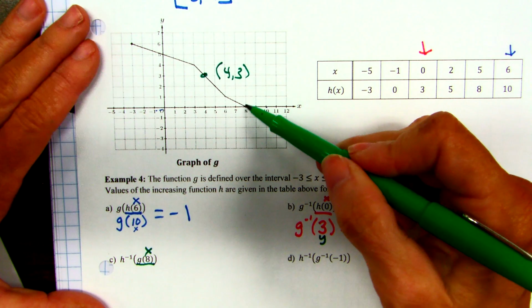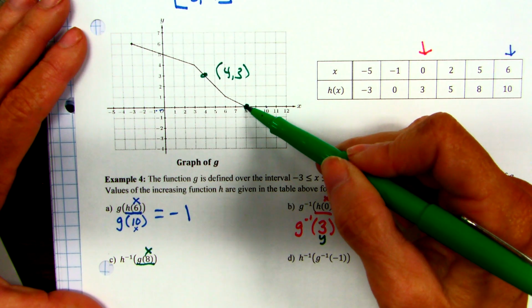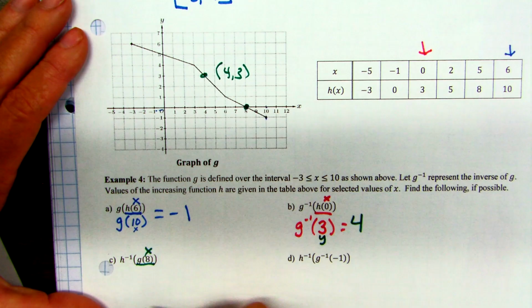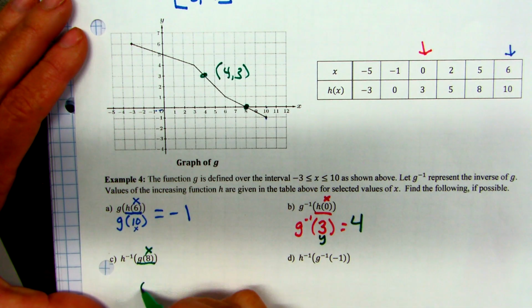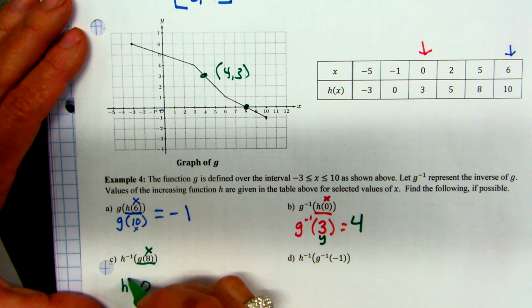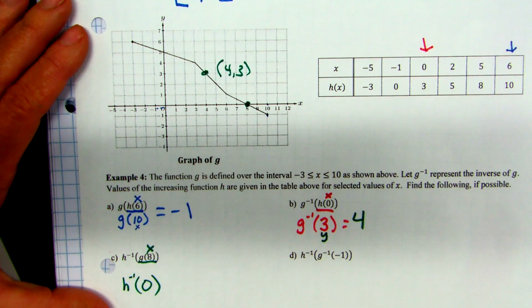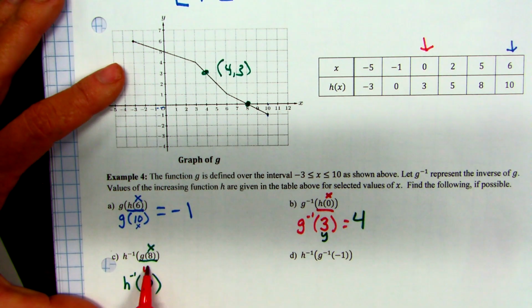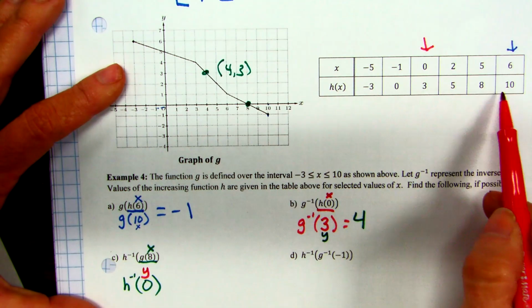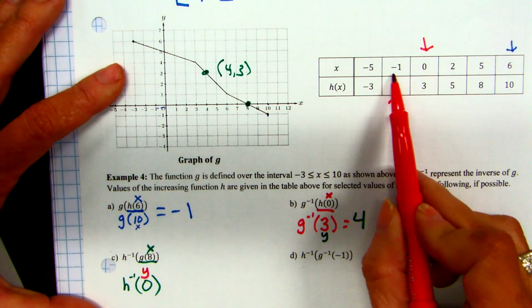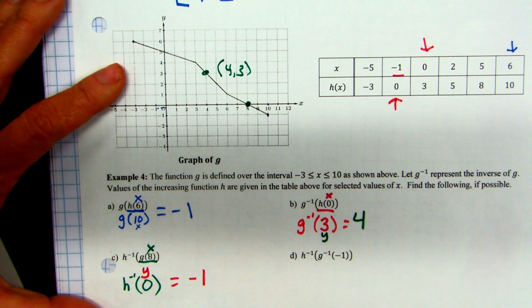When g of x is 8 on the g graph, y is what? 0. Inverse notation, that means instead of this being x, it's y. Go to the h. When y is 0, x is -1.